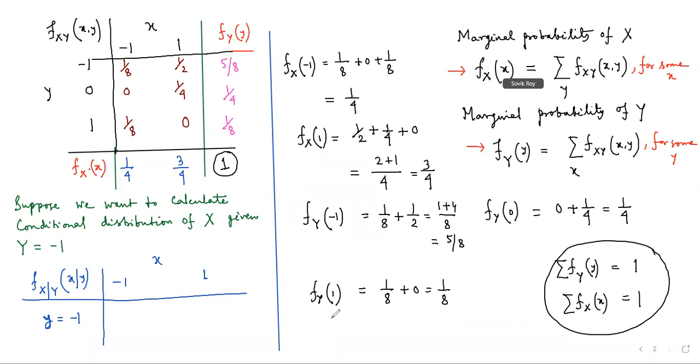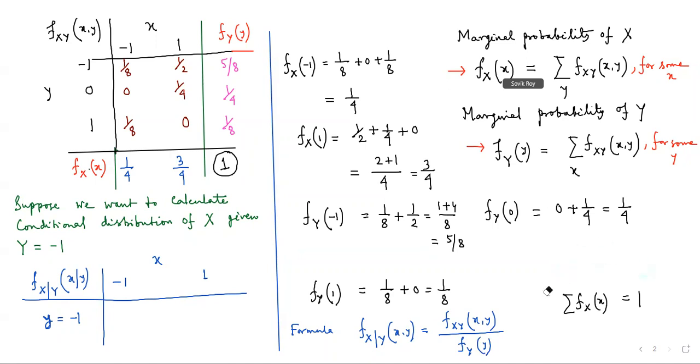I'm again writing the formula for the conditional probability. The formula is f of X given Y of X comma Y, which is f of XY by f of Y at Y. If I write the values from the chart, what do we want to find? We want to find f of X given Y at the point Y equal to -1.